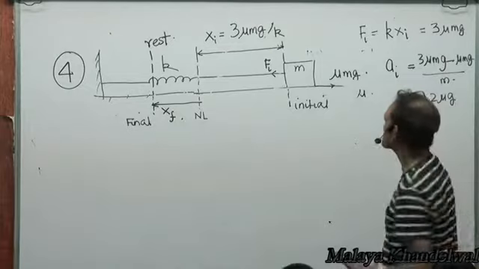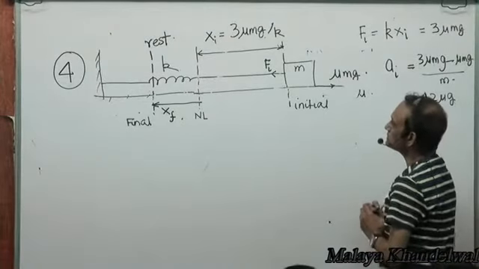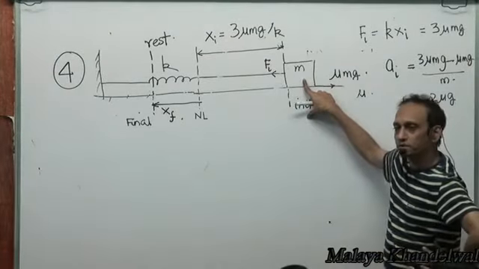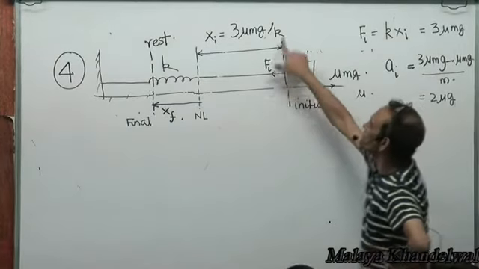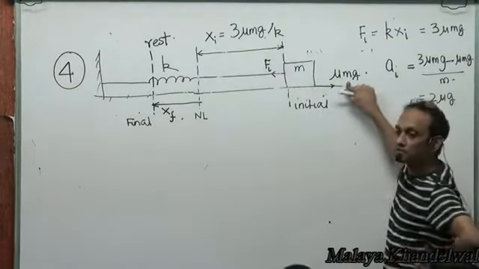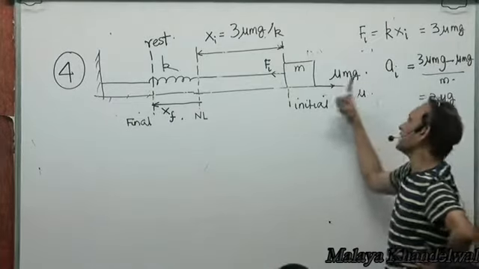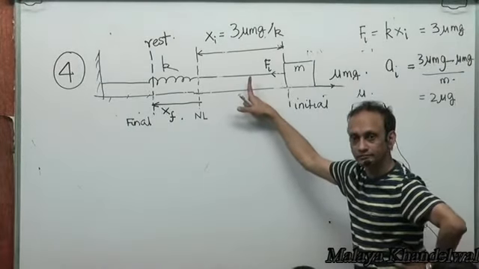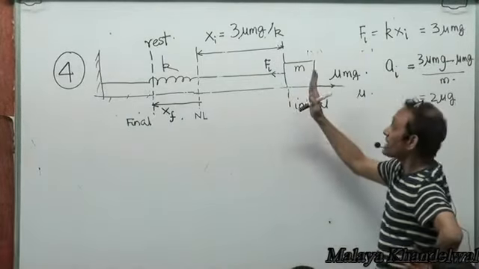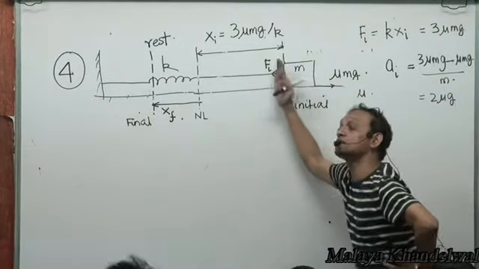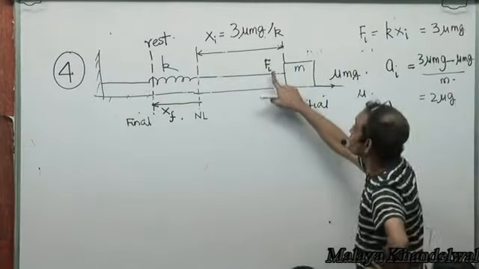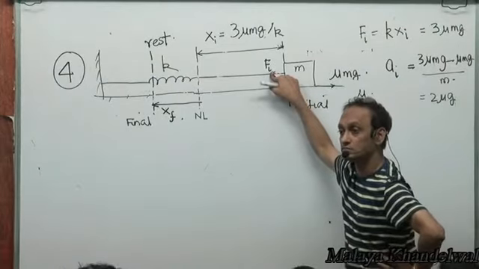Look, when the mass started from here, spring force Fi, kxi, 3 mu mg, is greater than mu mg. It had a leftward acceleration. As the spring kept losing its elongation, the spring force kept decreasing.